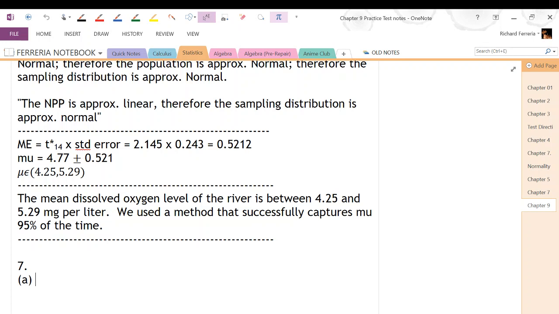C. If the poll was conducted again in the same way, there's a 95% probability that the true percentage of voters favoring term limits would be within 3% of the percentage favoring term limits in the first poll. That just sounds like a mess to me, actually.